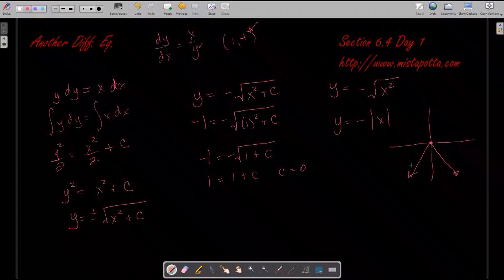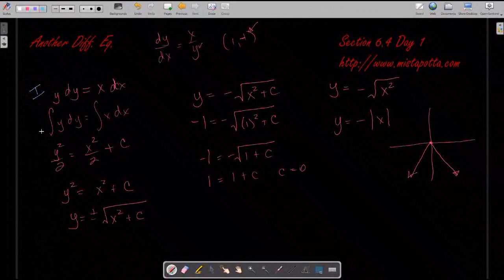This five-step process is what we're really interested in, because on the AP exam, on the free response section, you'll be asked to find a solution to a differential equation. And this five-step process is also indicative of where the 5 points come from that you would get for solving a differential equation.